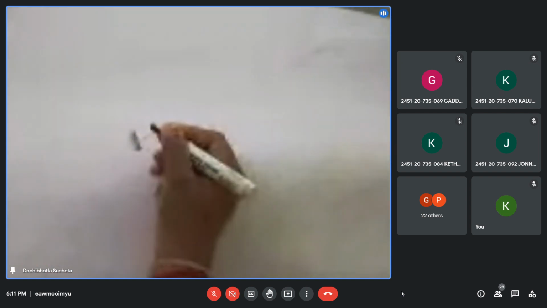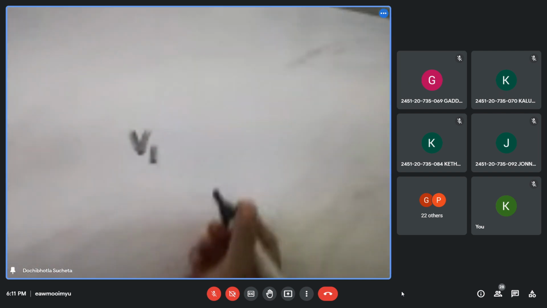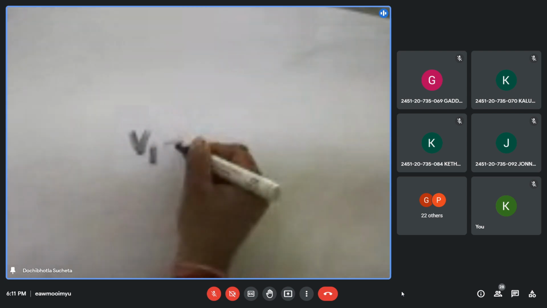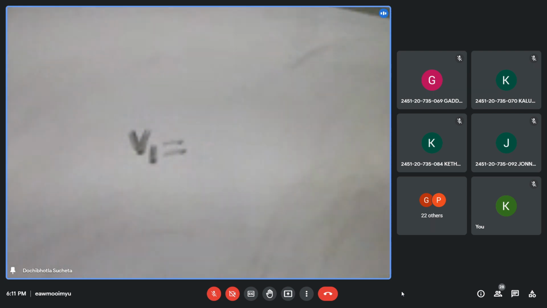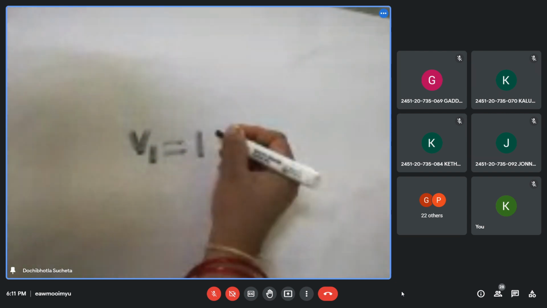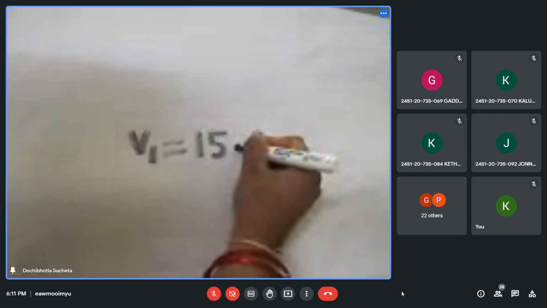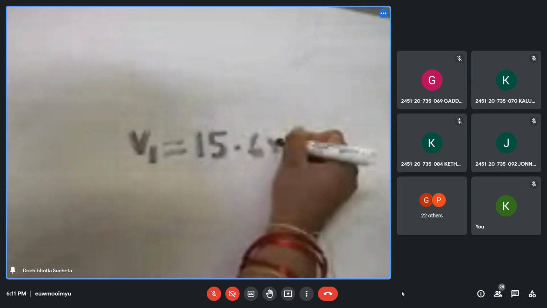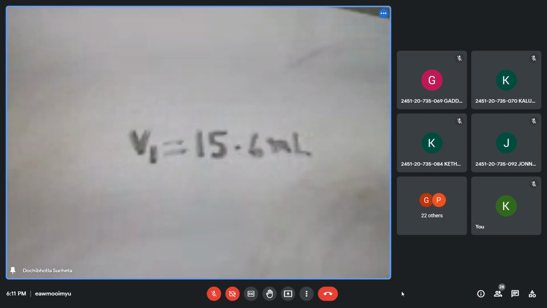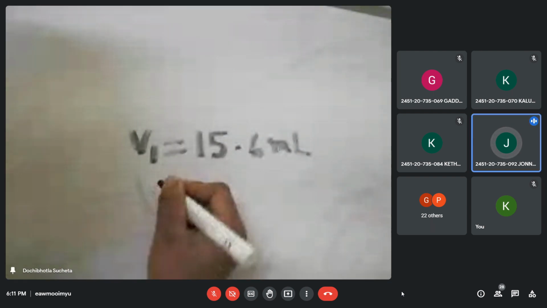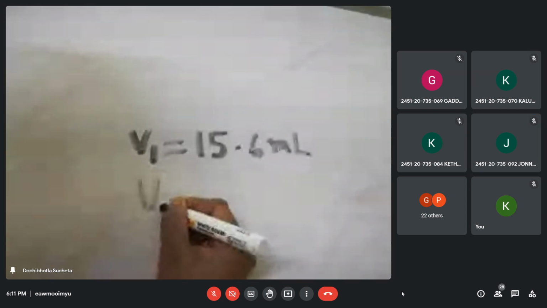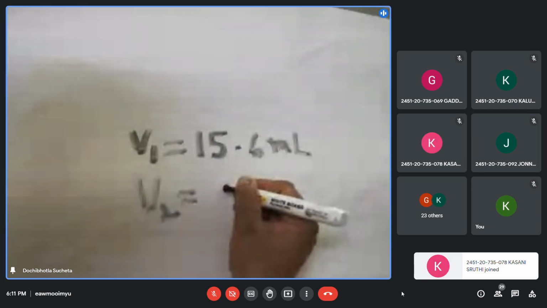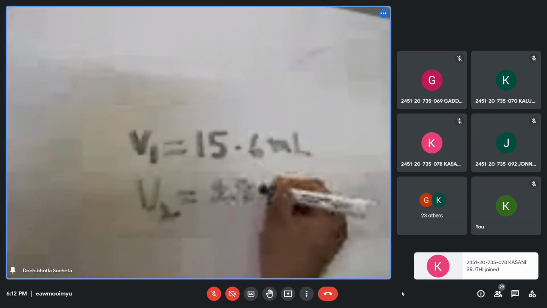V1 is equal to how much? It is 15.6 ml. And how much is V2 ml? V2 is 28.8.